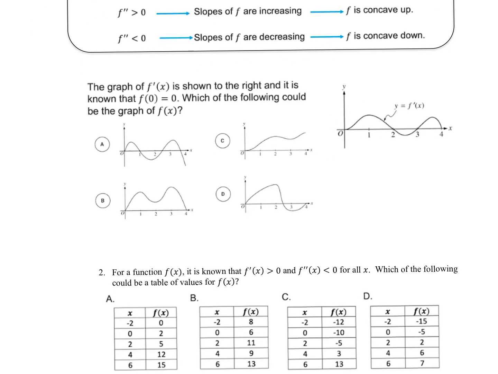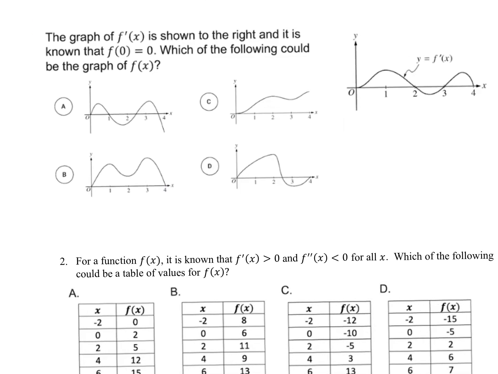So again, putting it all together, the graph of f prime is shown to the right. Here's f prime, and it says, which could be the graph of f? My f prime value right here is 0, and then my f prime values are positive.